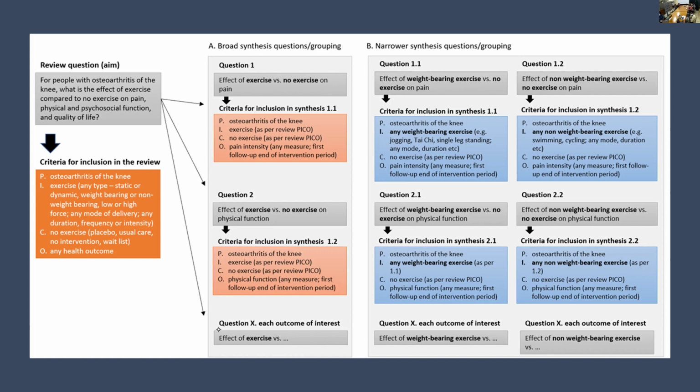Now, if you can look at the central part of the slide. The concept is called the broad synthesis question. Here I have made a small change to the PICO of the review. I'm calling this the synthesis now. The only difference, as you can see, is that there's not much of a difference in the broad synthesis question. The only thing I have made clear is that I have differentiated the outcome here.